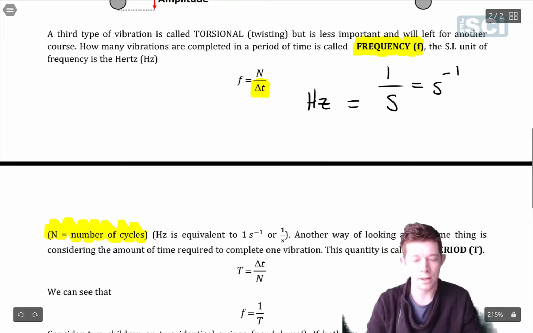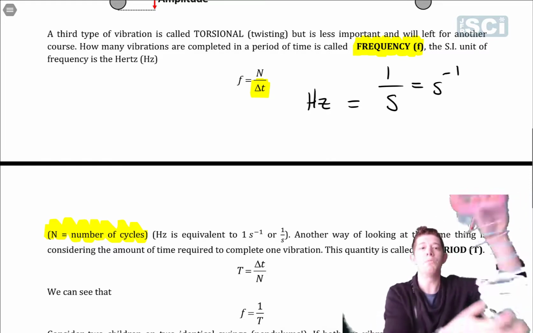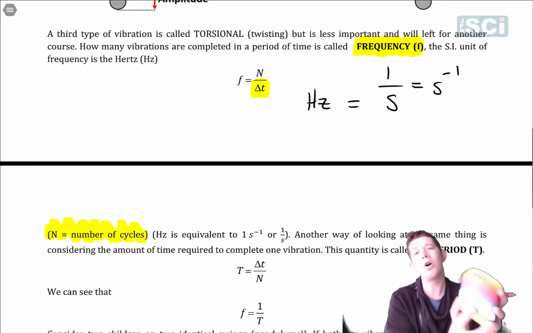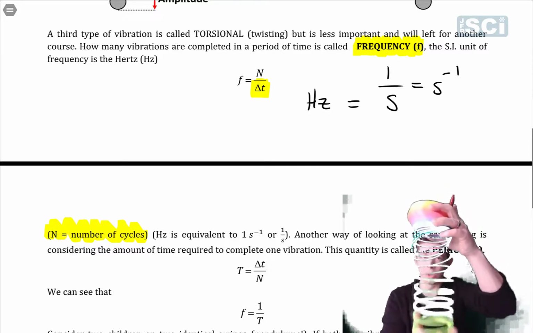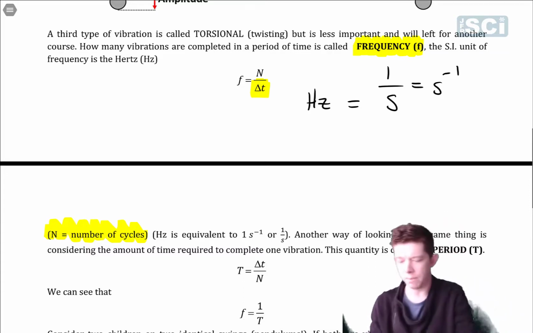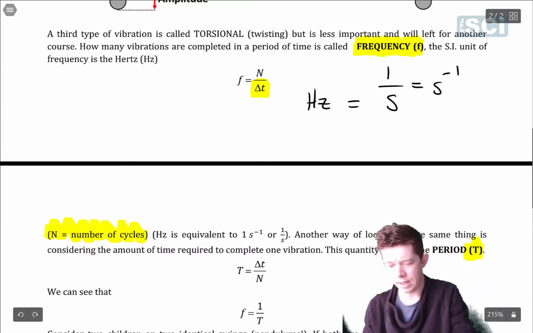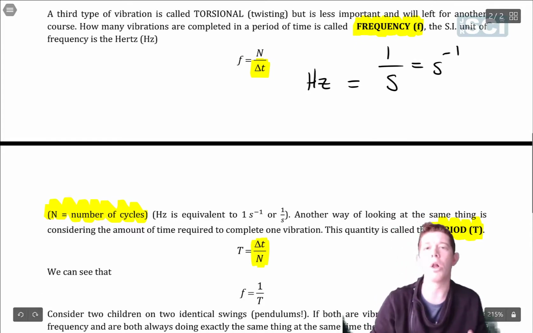Okay, so another way of looking at this type of motion would be to think about, well, how long does it take for it to undergo one full cycle? And that's what we define as its period. So the period of a wave, we say, is the time it takes to undergo all of those cycles.